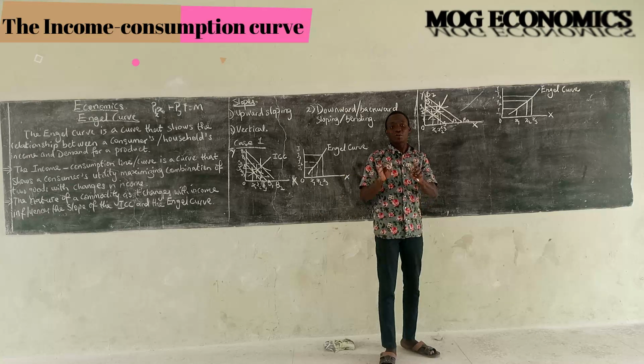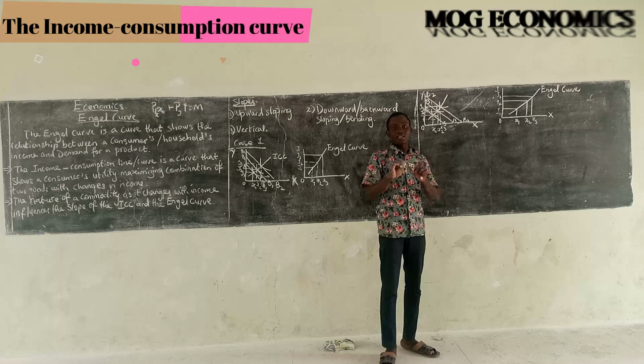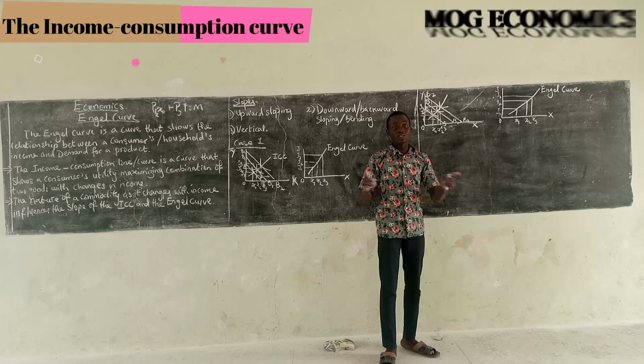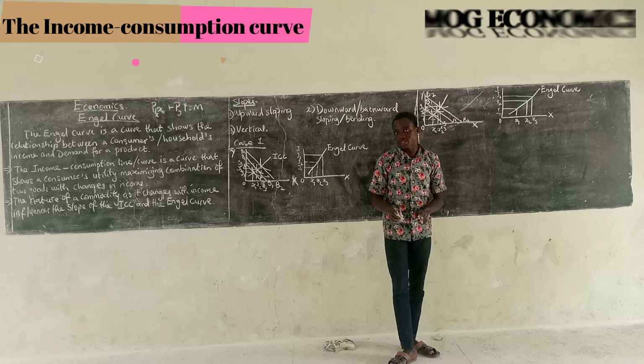I'm just trying to say that a significant increase in income has led to a reduction in the demand for taking cabs or taxis around campus or school premises. So that's what we are trying to say.